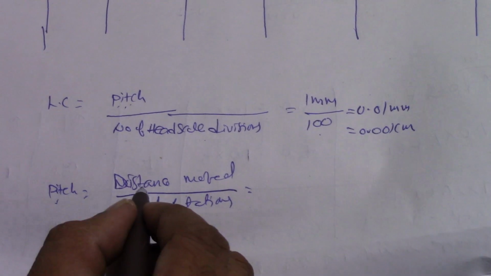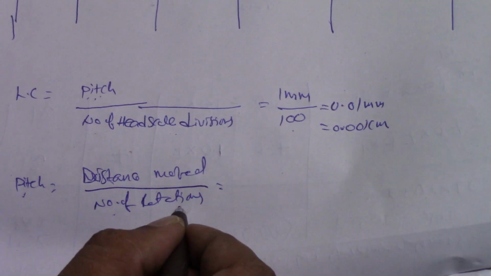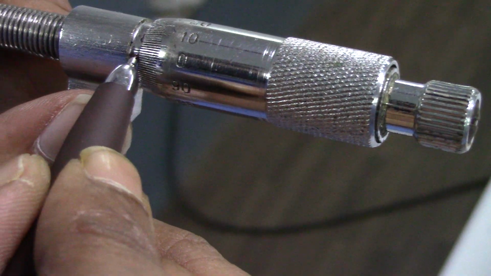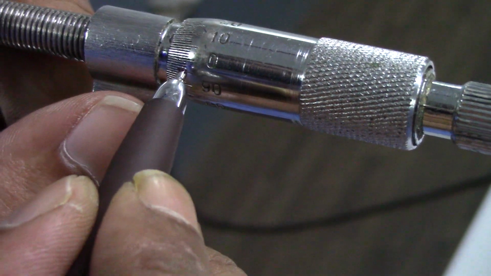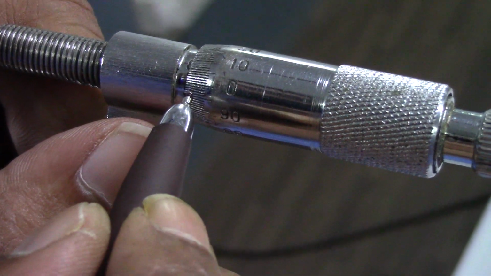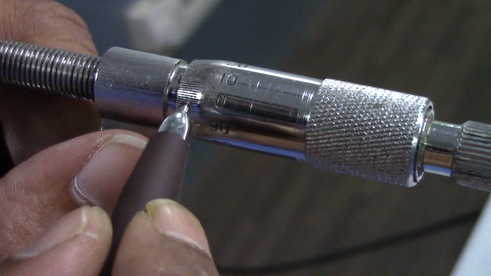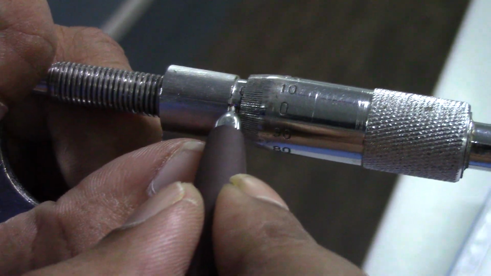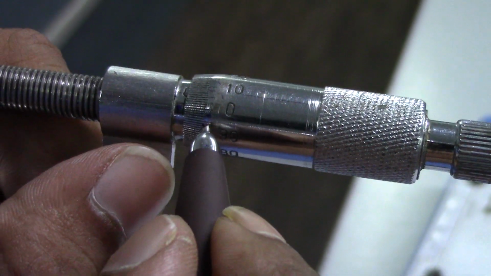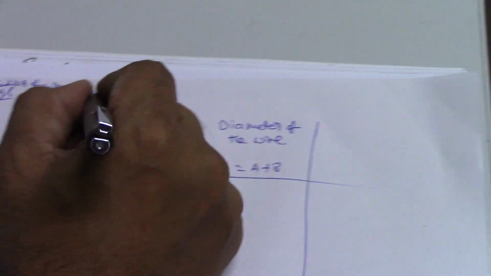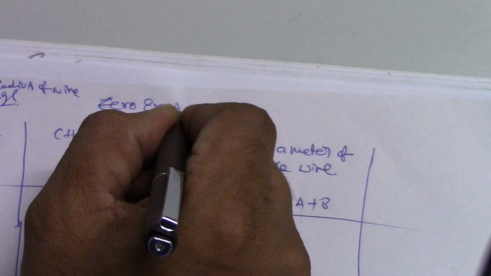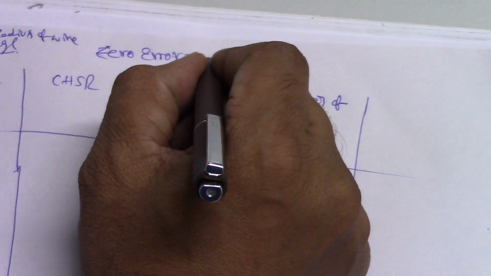Now let me explain what is pitch. Pitch is equal to distance moved by number of rotations. Here you can see, students, this is the index line on the pitch scale and this is 0. If you clearly observe, this 0 on the head scale is just below 2 lines from the index line. So what type of error is it? Positive error.